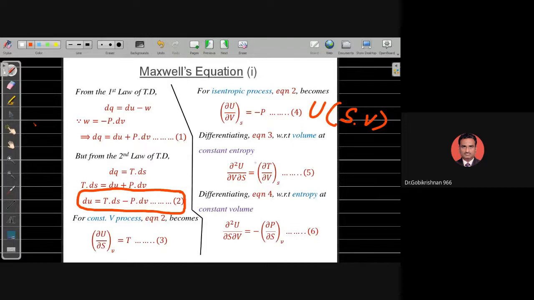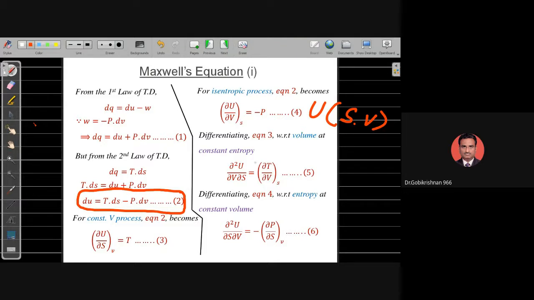The second way is differentiating U with respect to S, that is entropy, first, keeping volume constant, then volume. If you follow two different paths, the second differential will be the same. Why is it the same? Because U is a state function.